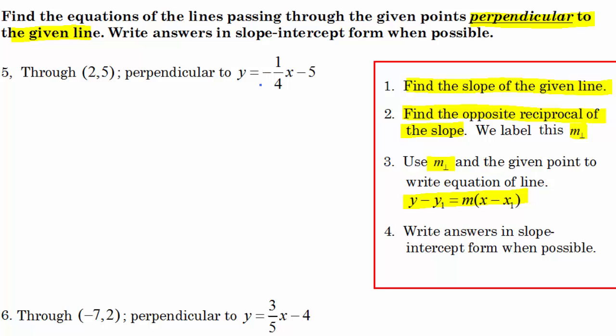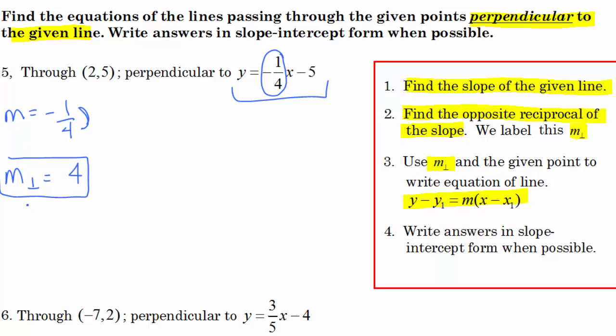All right, so I want it perpendicular to this line. What is this slope? That slope is -1/4. Now, if it says parallel, I'd use that one, but it doesn't say parallel. It says perpendicular. So I want to take the reciprocal, so that's 4/1, and change the sign so it would be positive.